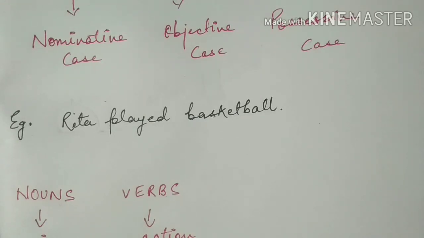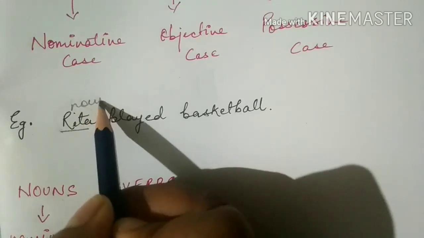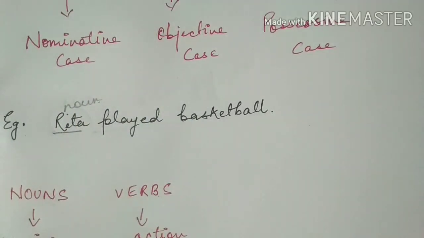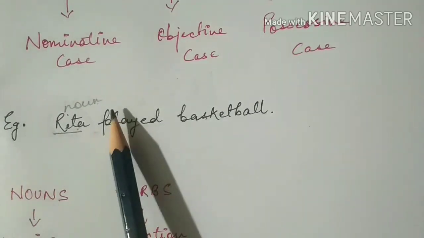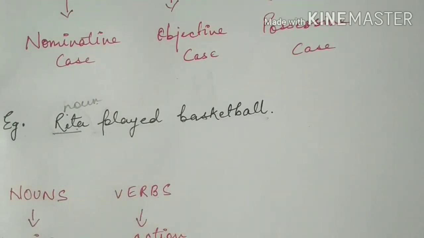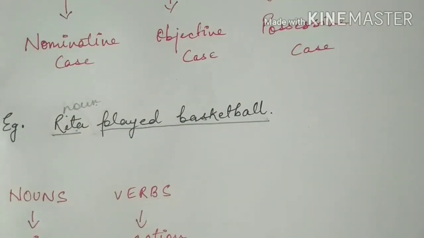What is the noun over here? Rita is a noun over here. Fine. Now we have to find out how this noun, Rita, is related with the remaining part of the sentence. What is the remaining part of the sentence? Played basketball. Right?